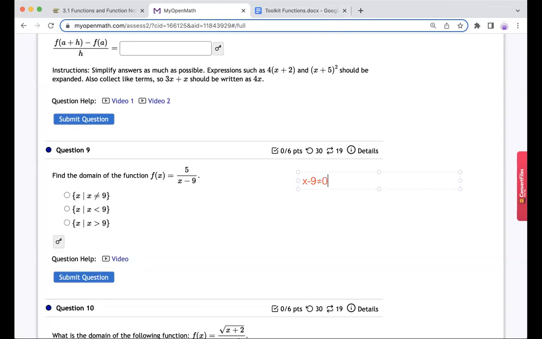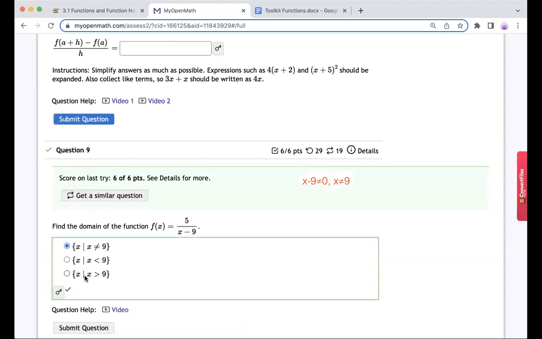From here, I solve for x. I can add 9 to both sides, so I have x cannot equal 9. Therefore, my answer over here, I have to choose this one here. I choose all the values except 9, because that doesn't work. So this will be my answer right here: x not equal 9.